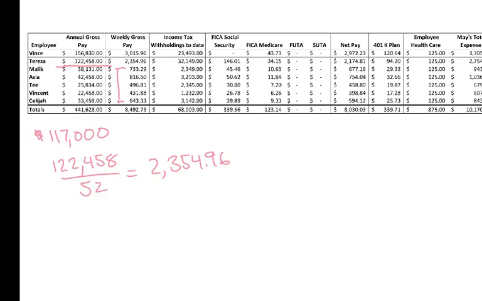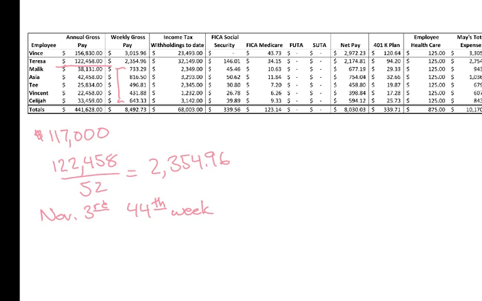Now, it says that this pay period is November 3rd. And November 3rd is the 44th week of the year.